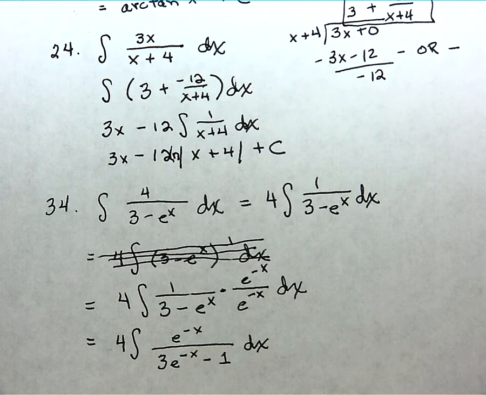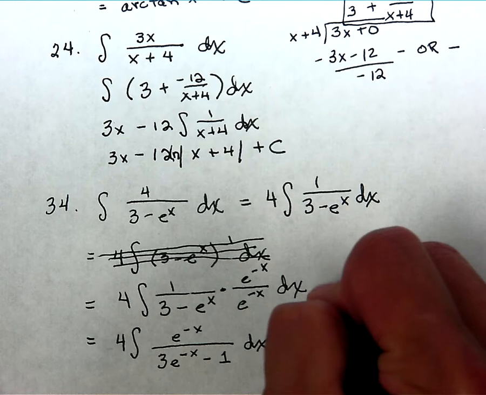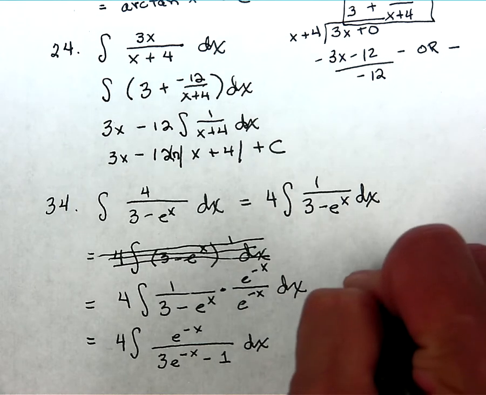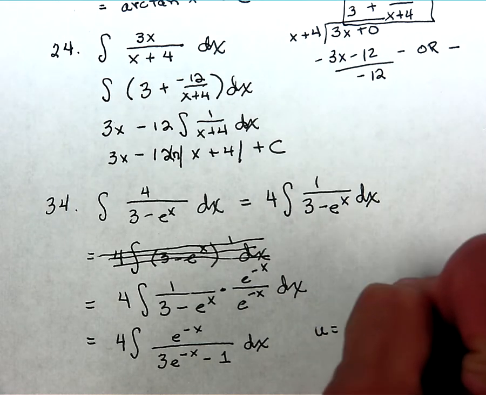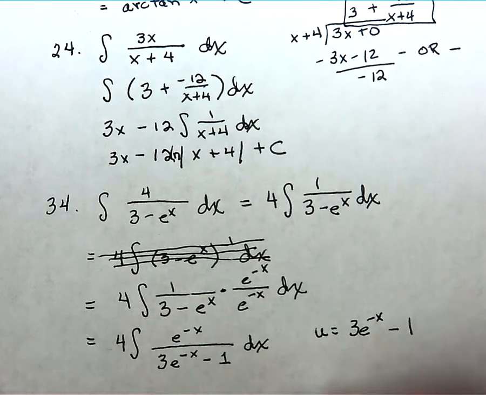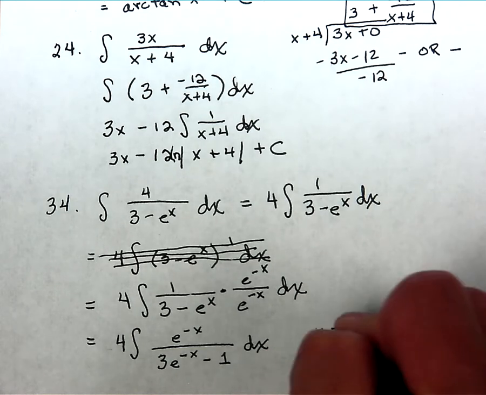So maybe now we could let u be the whole denominator. I'm not going to write this down yet. If we let u be the whole denominator, what would du be? I'm going to write it down because I can't see it unless I write it down. If that's u, what's du?